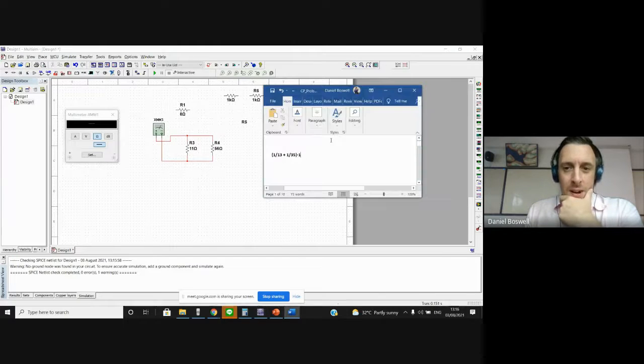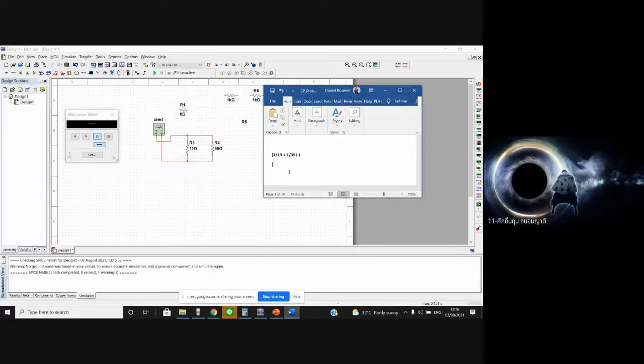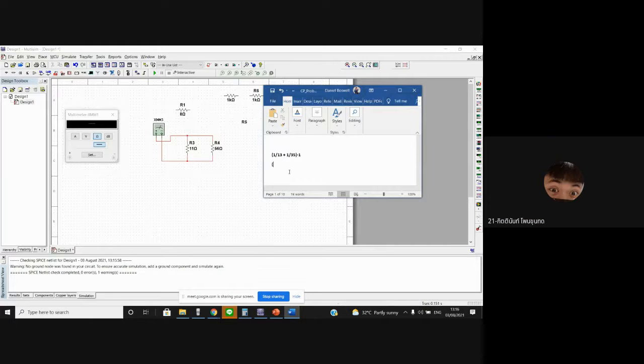So remembering how we calculate our resistance in this circuit, how do we do it? Can you tell me? Do it like the first one. Yes, 1 divided by 11 plus 1 divided by 56, and then to the negative of 1.